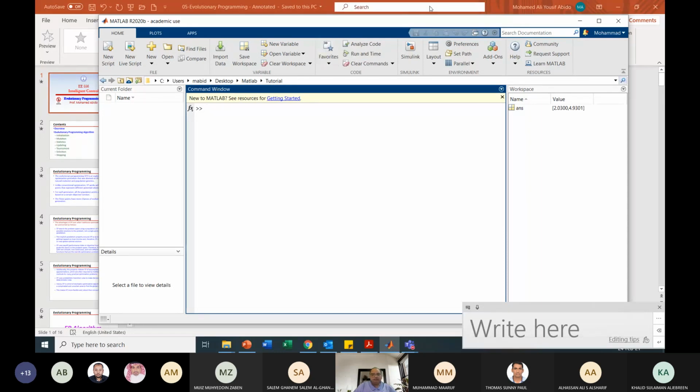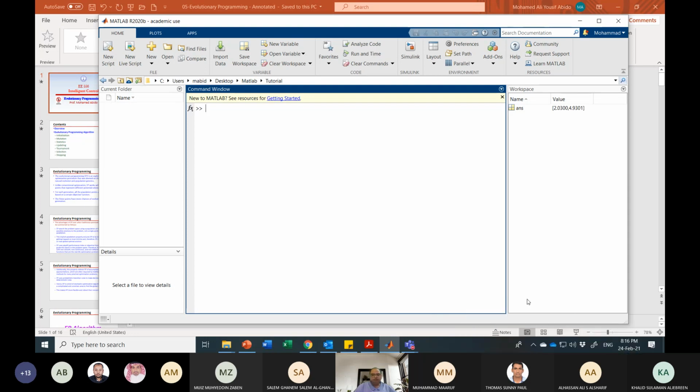Okay, let me ask you: if we have a very simple function, y equal to (x minus 3) squared, and we need to minimize this function, what do you think the minimum value or the optimal solution is?